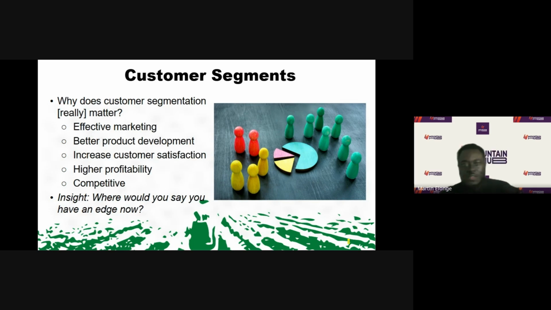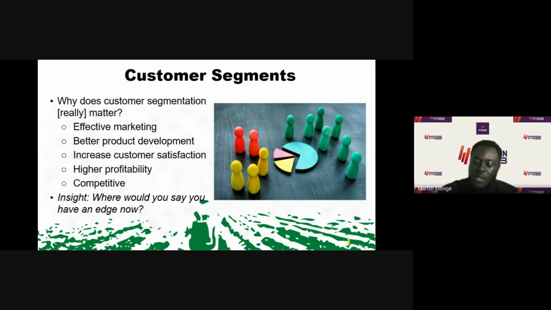The next point is better product management and development. So let's still use agriculture for now. We might take another example later on. In that food chain, for instance, we have three levels. And if we have our startup at the level of the producers down there at the farm, the local producers, I want to be able to develop this product to serve these three different segments: producers, distributors, and consumers.